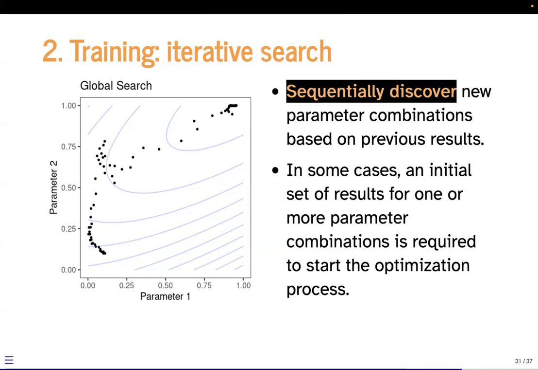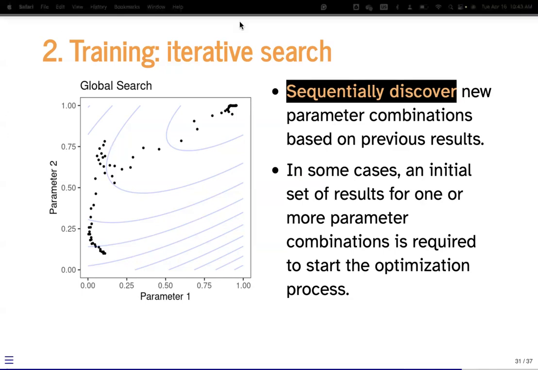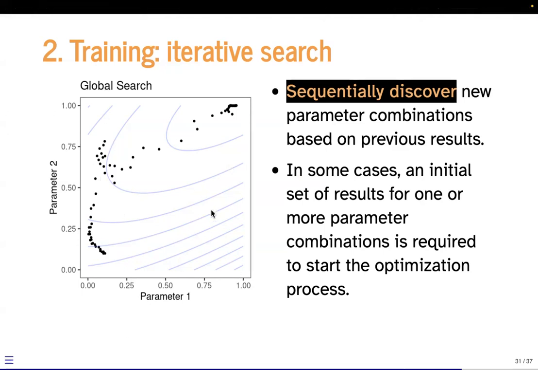Then it starts with the grid, but then it searches for other potential values, deciding which direction of the space, when you're thinking of these 2 parameters, it should go to optimize the performance, even if the next combination of values it tries may not be one of your provided values. Maybe it's in between them, but it's going to be able to find it itself. In this example, the values that were given were maybe a few values here on the top right.